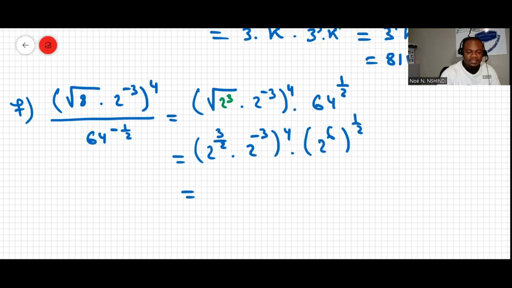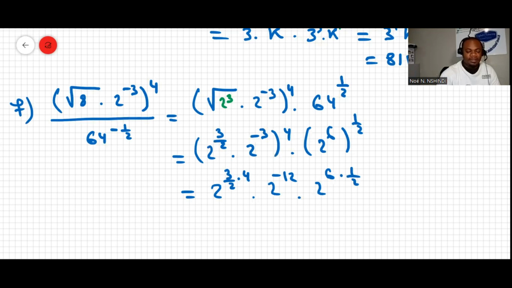And then this makes 2 to the power of 3 over 2 multiplied by 4, multiplied by 2 to the negative 3 times 4, negative 12, multiplied by 2 to the 3, okay? Because we multiply the exponents here. Let's say 6 times a half.